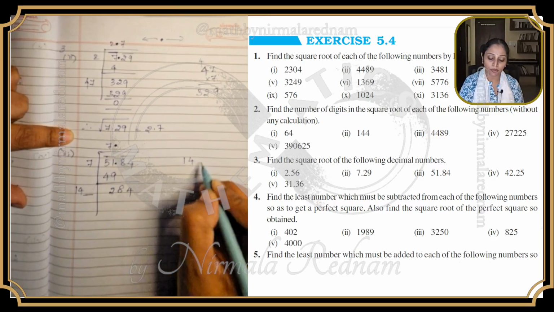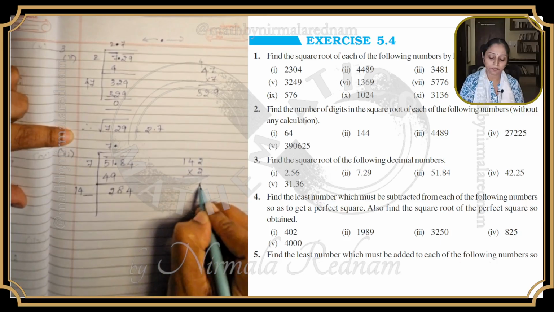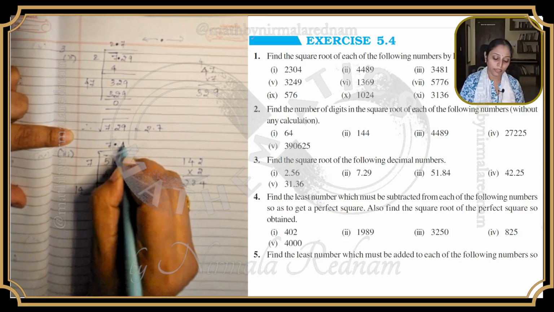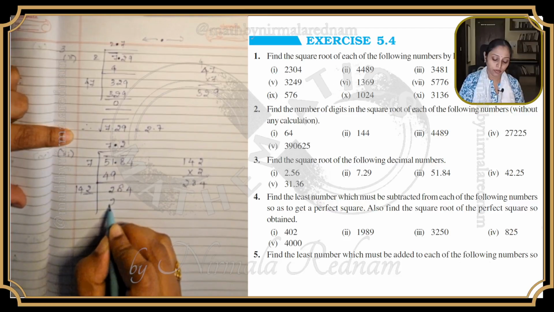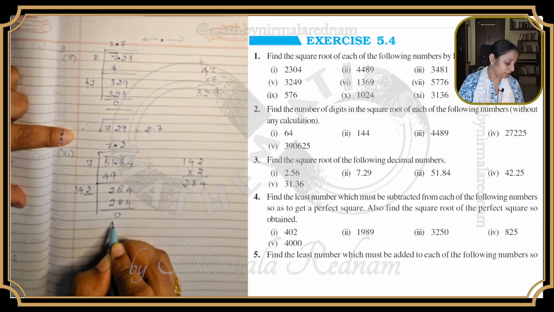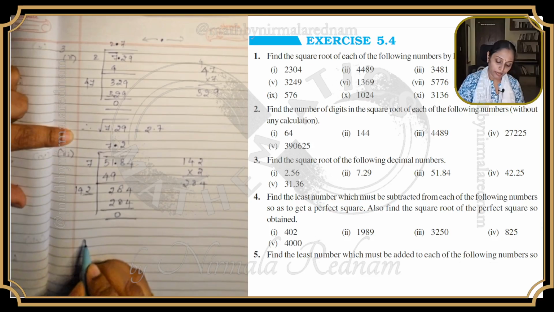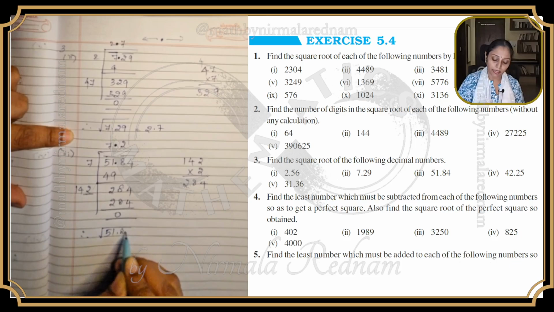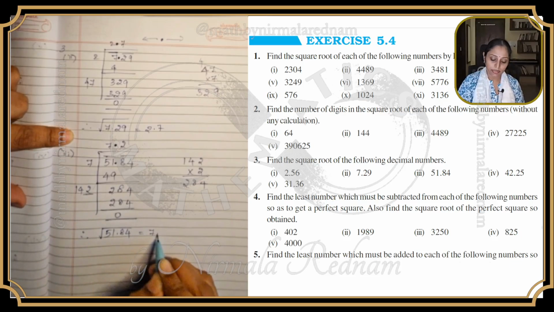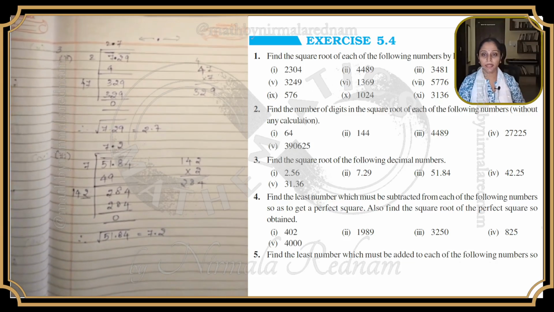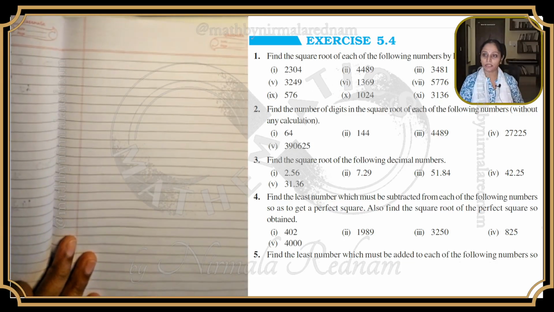So it must be 2. Let me check. So it is 2. So the square root is 7.2. Therefore, square root of 51.84 is equal to 7.2. Right? Let's look at the fourth question.